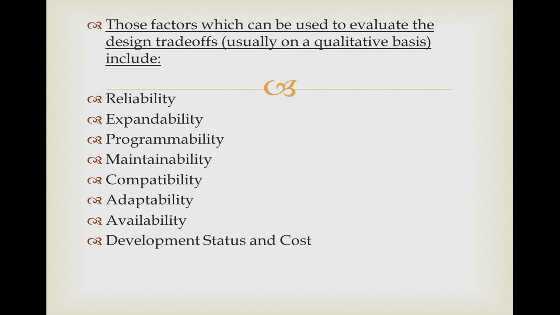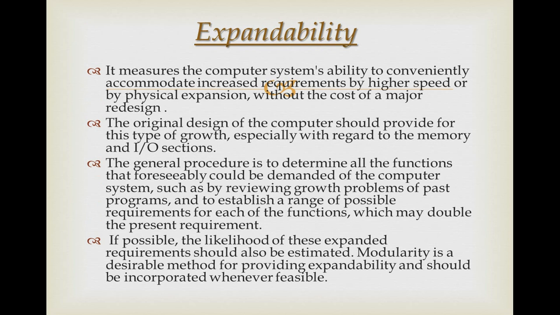Next we are going to see the factors used to evaluate the design trade-offs. On a qualitative basis we are going to see some different factors. The first one is reliability, second expandability, third programmability, fourth maintainability, next compatibility, adaptability, availability, and lastly development status and cost.